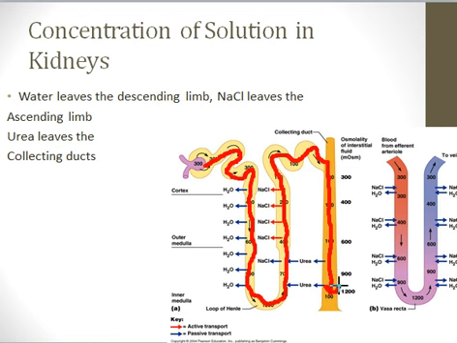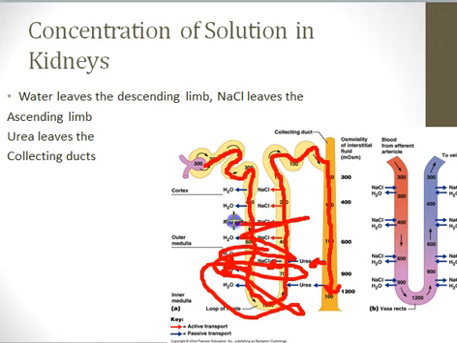Substances that leave this tube, such as water here, sodium here, urea here, are going to go back into peritubular capillaries, which are surrounding these whole tubular networks of the nephron. Those peritubular capillaries are going to take those substances and put them back into the bloodstream. Now, antidiuretic hormone is going to open up pores in these collecting ducts through, I believe, an enzyme called aquaporin.